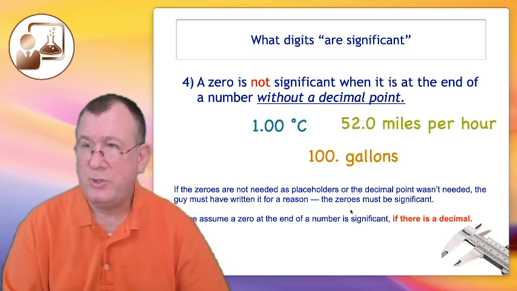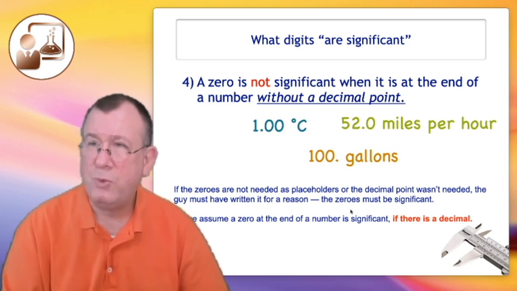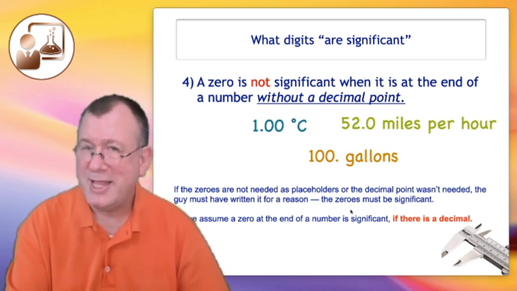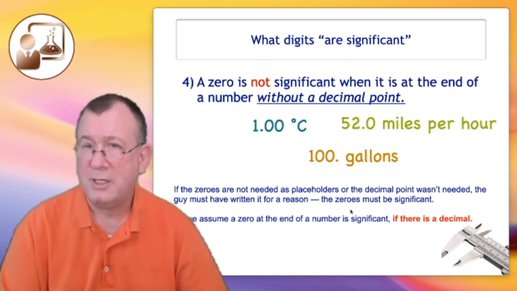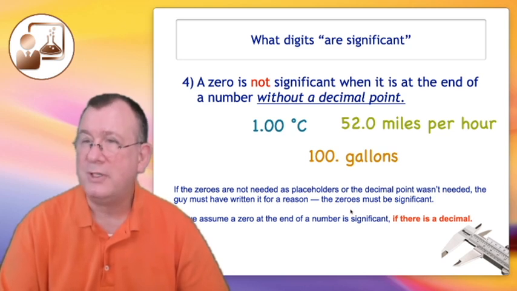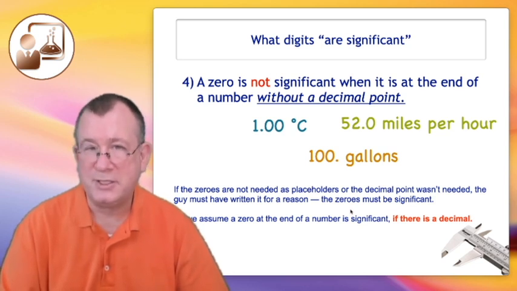Those zeros you can and should trust because there's no reason to put that trailing decimal point there if they were just placeholders. When I put that trailing decimal point there, I'm making it clear, hey, trust the zeros. That's a tool for describing the significant digits.